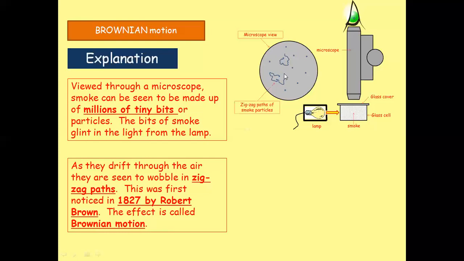The explanation of the Brownian motion is that the air particles moving at high speed collide with the smoke particles in random motion from all directions, which causes the smoke particles to move randomly at high speed with a zigzag motion, as you see here.